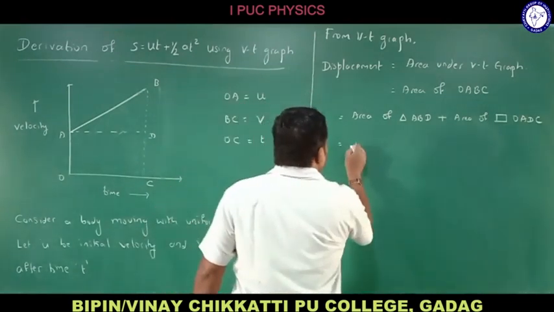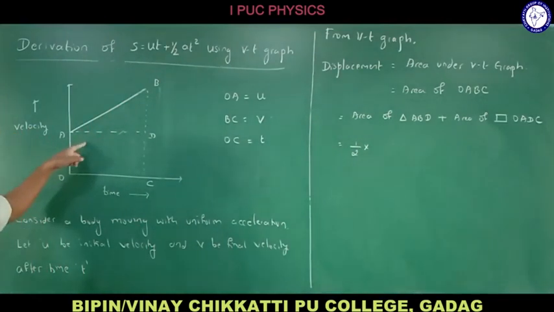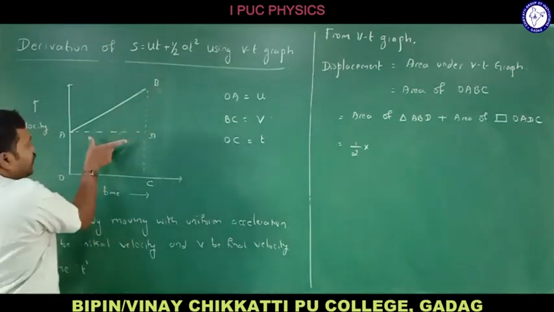That is equal to half into, ABD. Here there is ABD. So what is the area of triangle ABD? That is half into length into breadth, that is half into BD into AD.